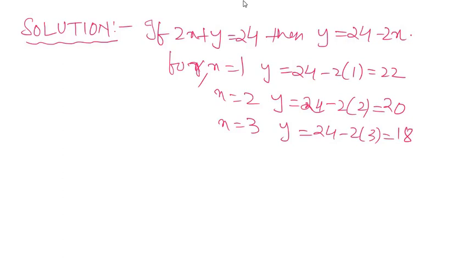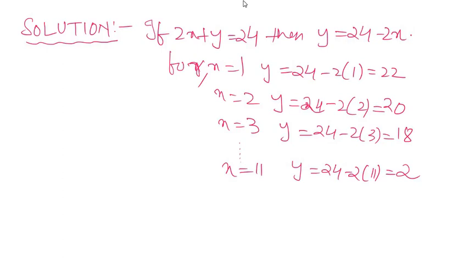And so on. Now if you see here very carefully, this will continue, but only up to x equal to 11, as the value of y will be 24 minus 2 into 11, that is 24 minus 22, which is equal to 2.